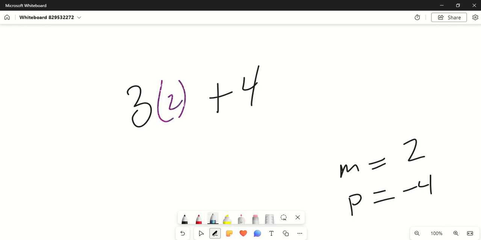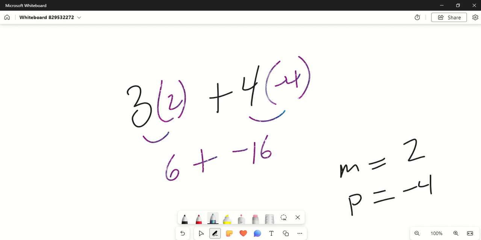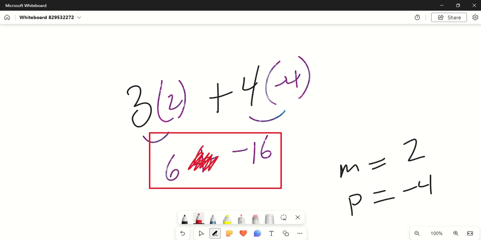This would be 2, this would be -4. 3 times 2 is 6, plus 4 times -4 would be -16. And then a callback to when we add a negative number. So this is going to be 6 plus -16. This is going to go away. It'll just be 6 minus 16, which will give us -10.